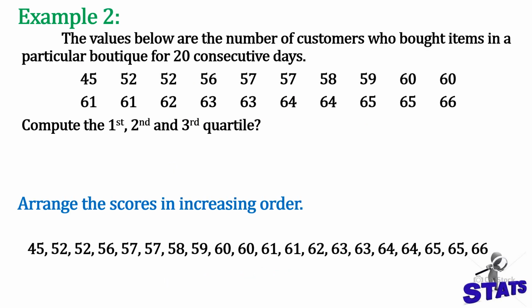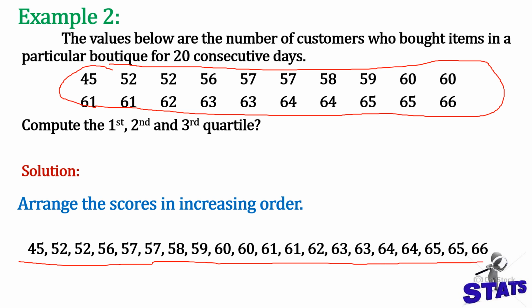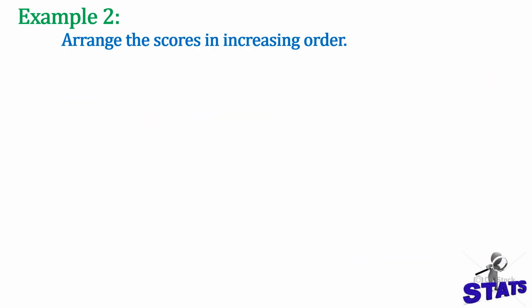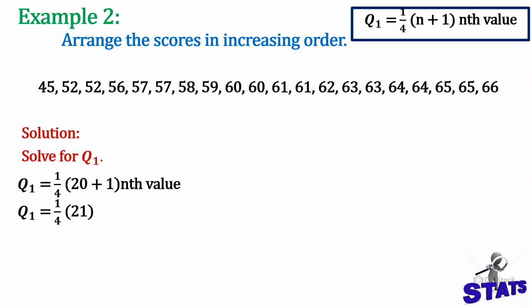Example number 2. For example number 2, so here are the set of scores for 20 consecutive days. So compute natin yung Q1, Q2, and Q3. So again, wag nakakalimutan yung first step, arrange natin into ascending order or increasing order. So pagkatapos ma-arrange, kunin na yung Q1, use the formula na ginawa natin sa una.